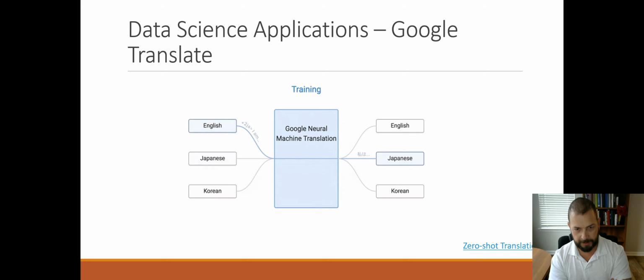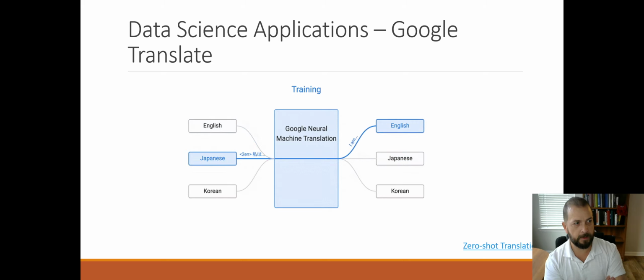Google Translate actually ended up inventing its own language to help translate languages more efficiently, called zero-shot translation.